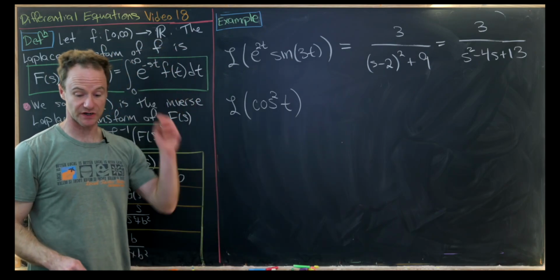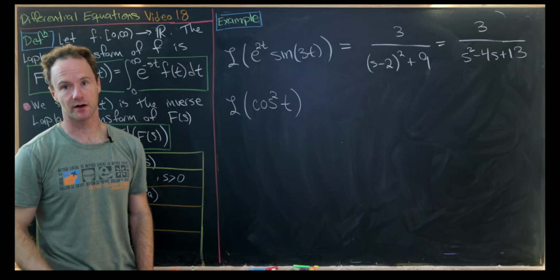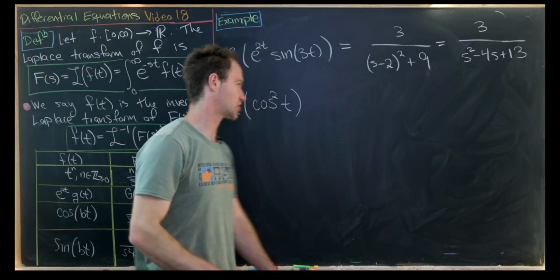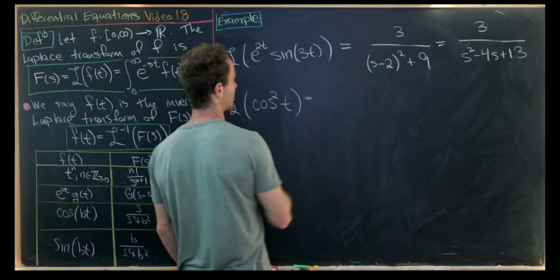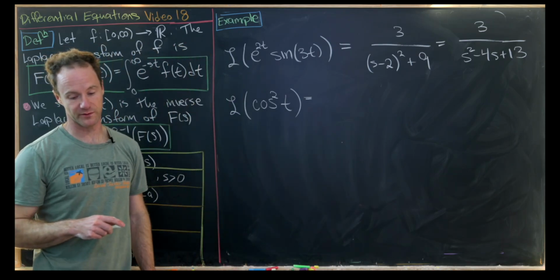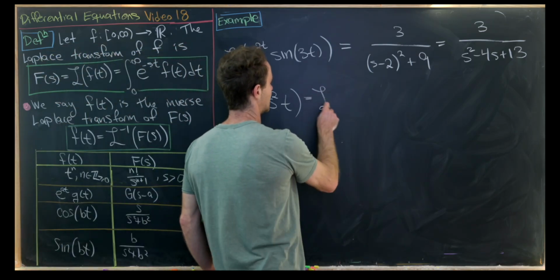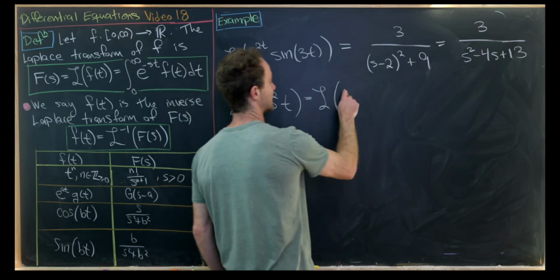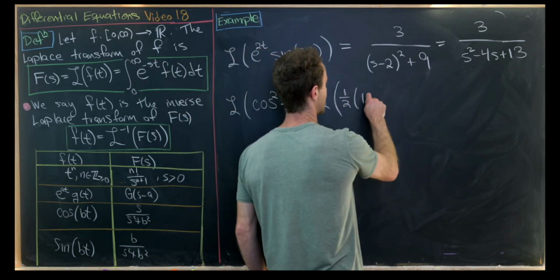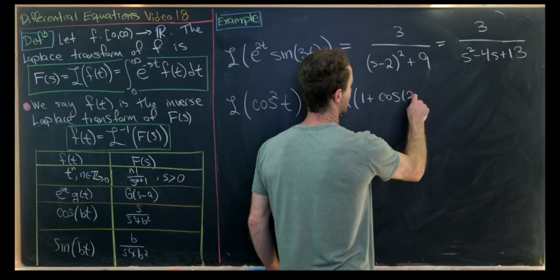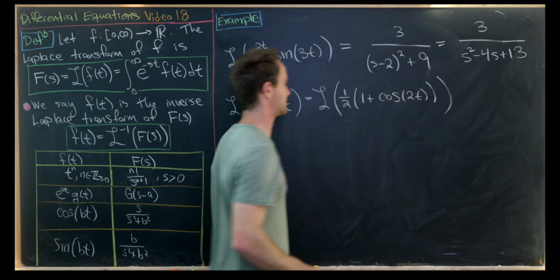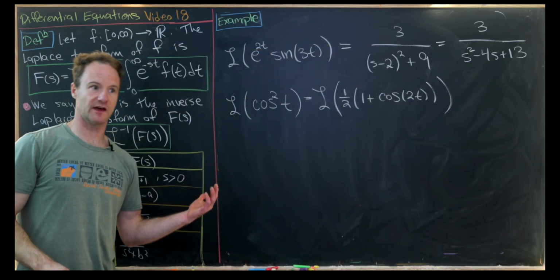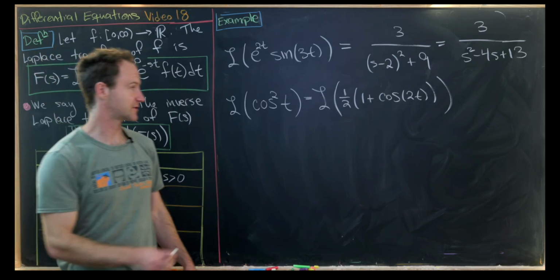We've got the Laplace transform of cosine squared. Well, cosine squared is not on our chart, but if you remember carefully, there's a power reducing formula for cosine. And in fact, we can write cosine squared as 1/2 times 1 plus cosine of 2t. Great. Now we can use the fact that the Laplace transform is a linear transformation.